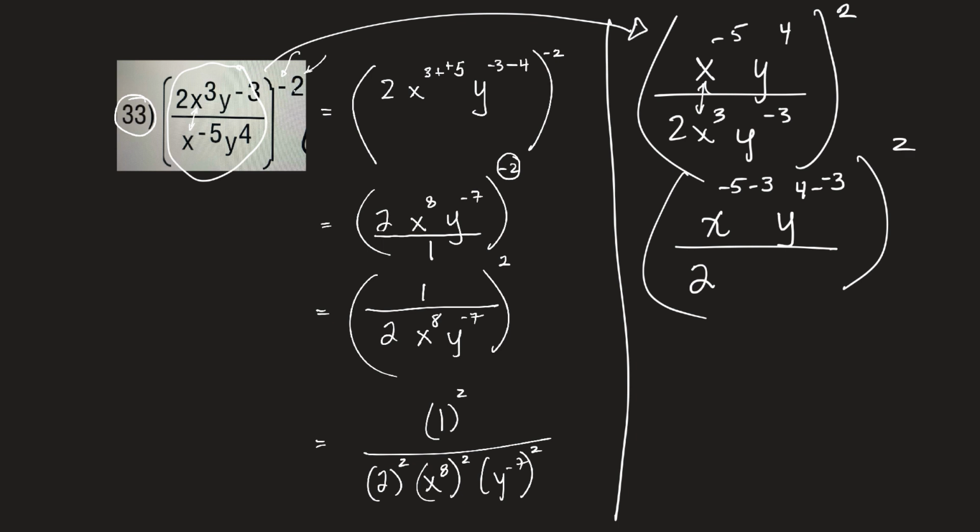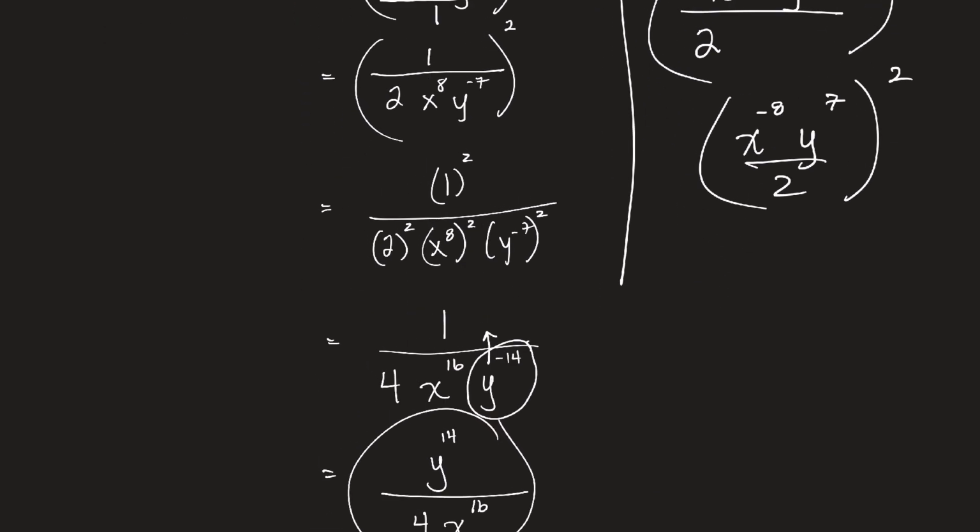So that'll be x to the minus 8, y to the positive 7, all over 2, squared. So now squaring everything will be x to the minus 16th, y to the 14th, all over 2 squared, which is 4. I think I said 16, but I wrote 6. Let me just check. Yeah, that's correct.